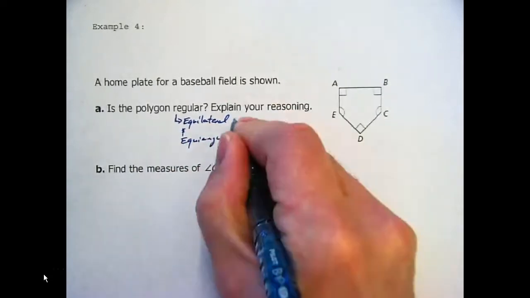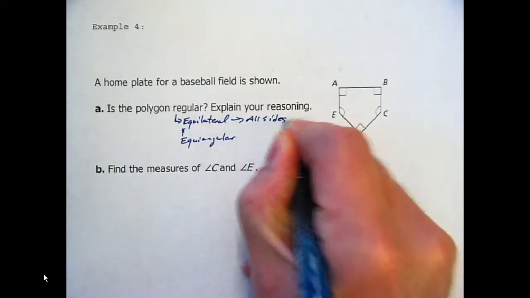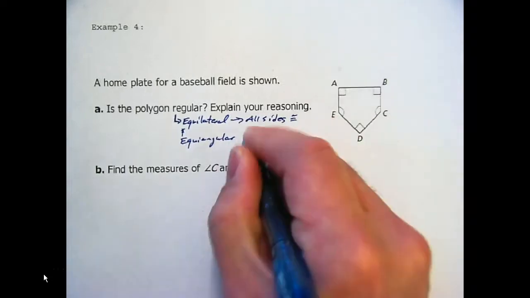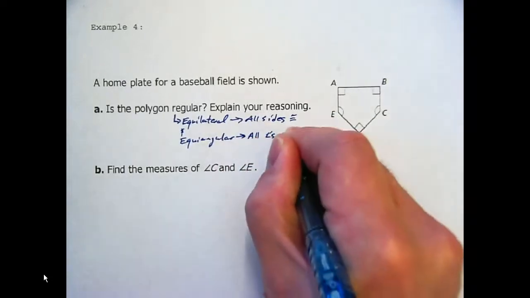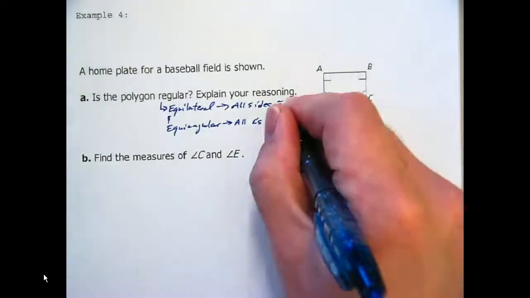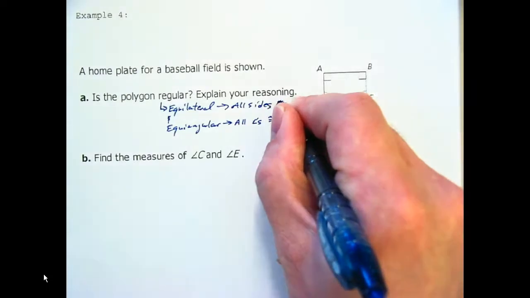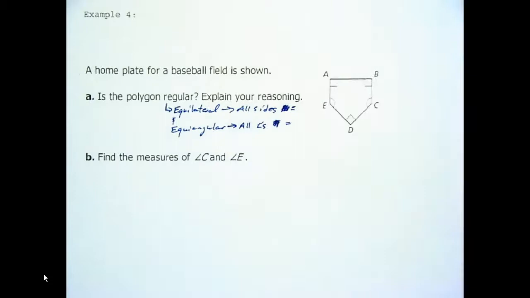What does that mean? That means all sides congruent and all angles congruent or equal. I guess more specific, we would want to say equal, not necessarily congruent. Okay? So, is it regular?